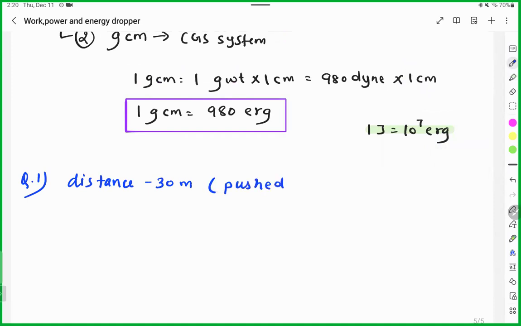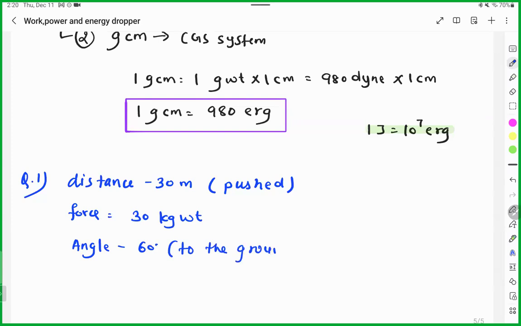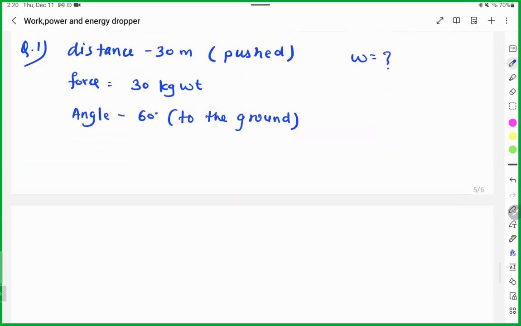What will be the work done by him if he applies a force of 30 kg weight in the direction inclined at an angle of 60 degrees to the ground? This 'to the ground' is really, really important. If this is the situation, you have to calculate the work done. Make it fast.